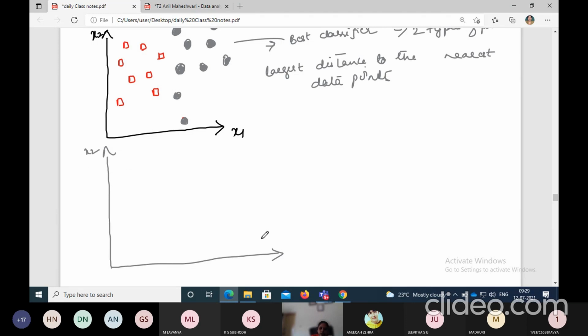So this is my x2, and this is my x1. Here we have one data set and another data set, but here I would like to have one more square, because I need to draw the hyperplane.